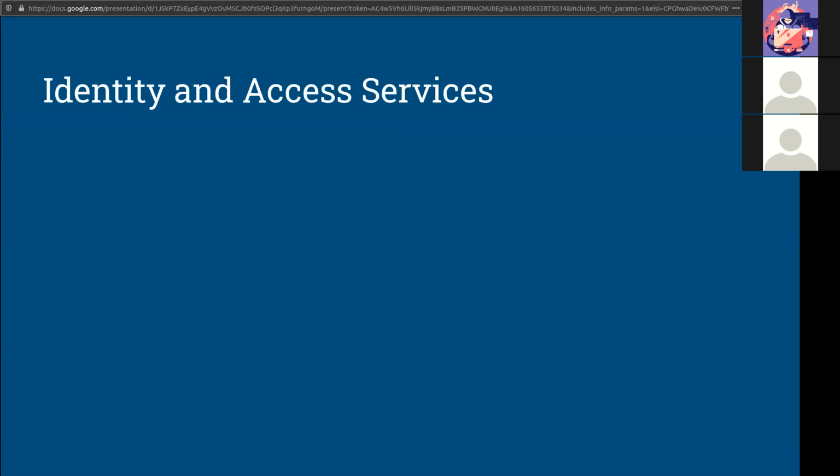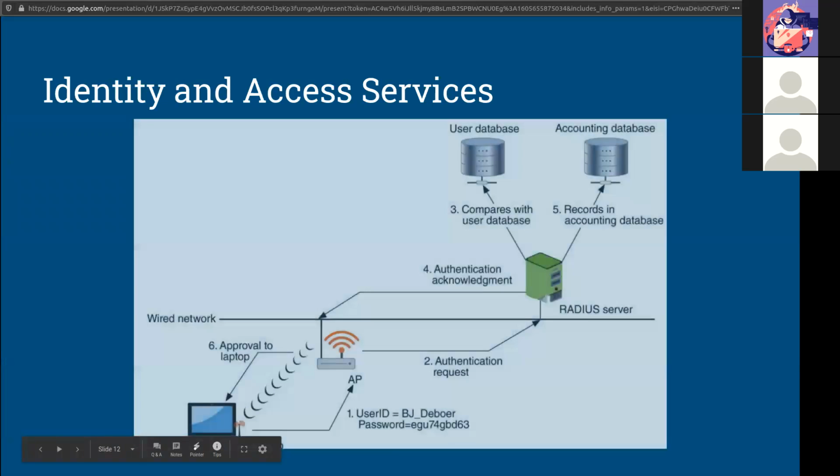Now, some identity and access services are things like RADIUS, IEEE 802.1X. In this case, being implemented for this laptop to log on to this network.